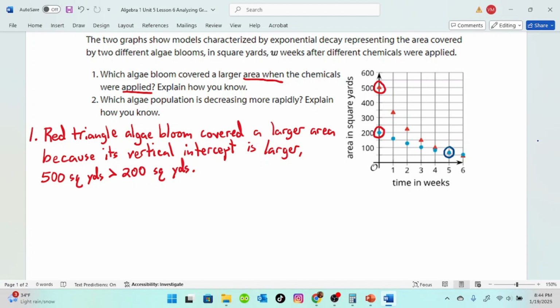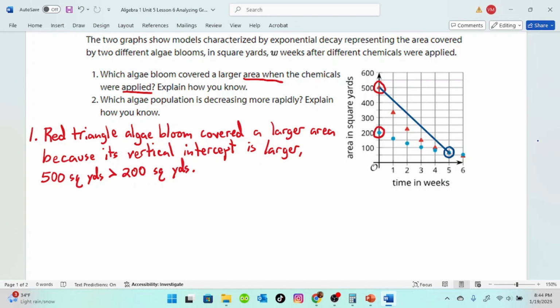So they're both at a population just above 60 square yards maybe. But we know that the red triangle algae had to go all the way from 500 down to about 60.